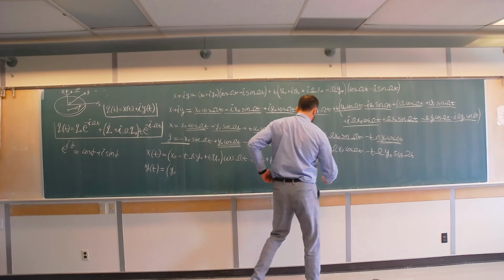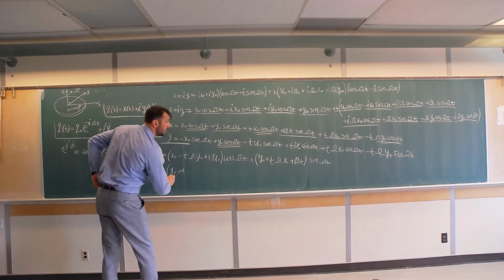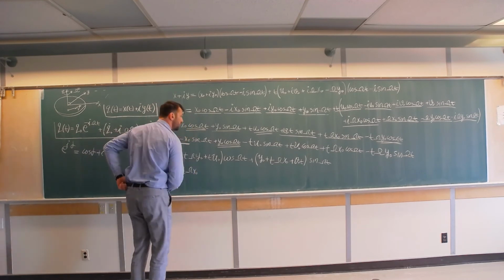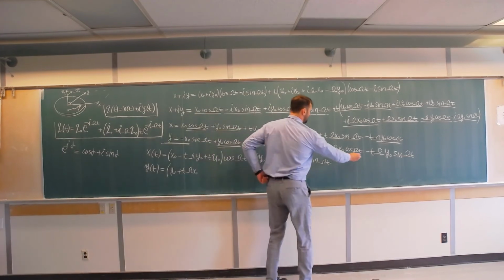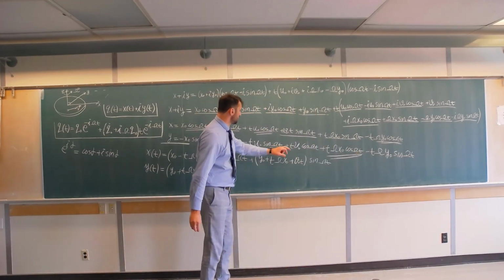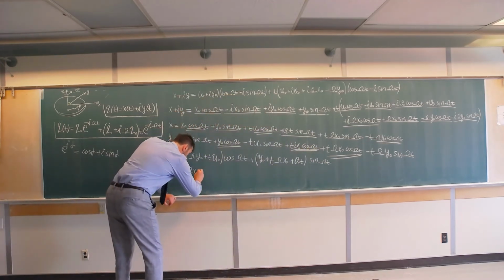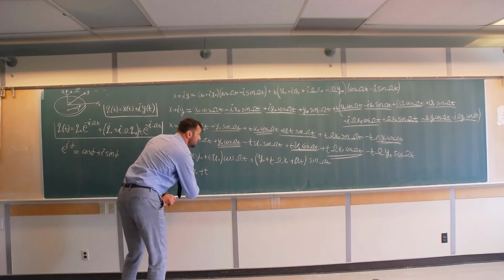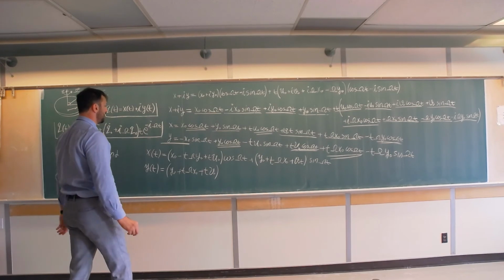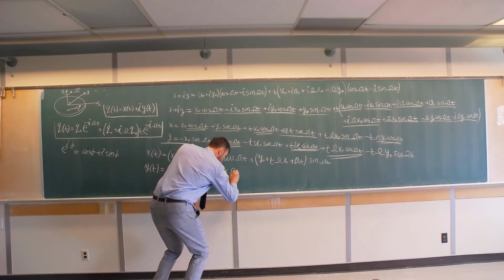So it will be plus t omega x0. So that's this term. And now we have also this term. And that is plus t v0. And that multiplies cosine omega t.